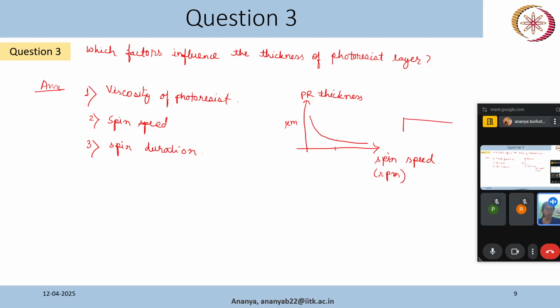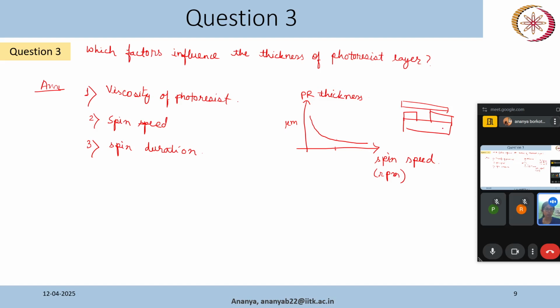You know why? Because if your photoresist is very thick, say you have a photo mask here, some portion will be dark and some portion will be light. If it's very thick, there may be some leakage at the edges, because the photoresist will not be completely opaque, and the final feature size may not be exactly the same as you desire.